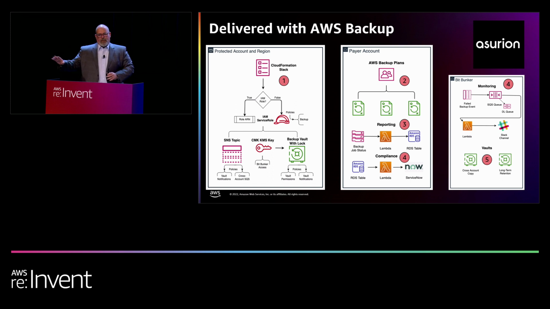The other vault is used for long-term retention or final backup for resources. With this vault, we apply governance lock, so if any requirements change for retention, we're able to quickly go in and adjust those where needed.